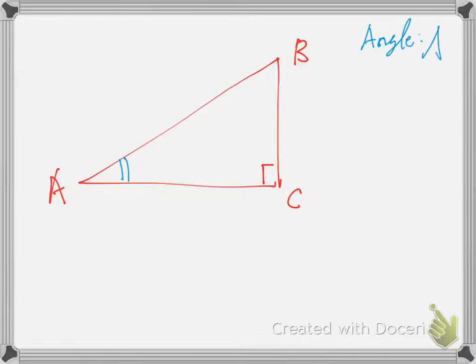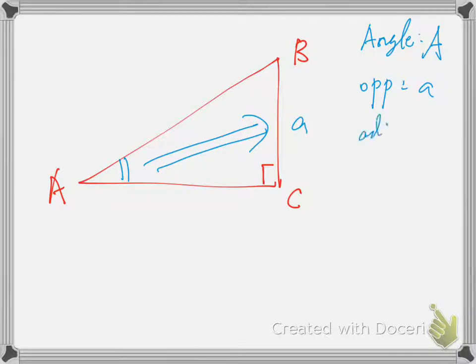So the angle is A, then we need the opposite side of A, which is the A side, right? And then the B side is the adjacent side of angle A. Adjacent side means it's a part of angle A.